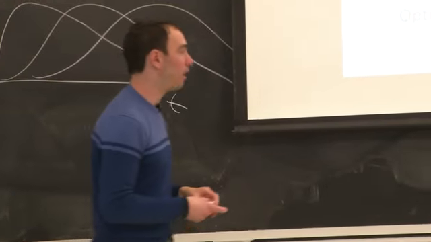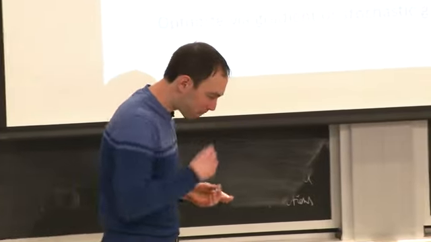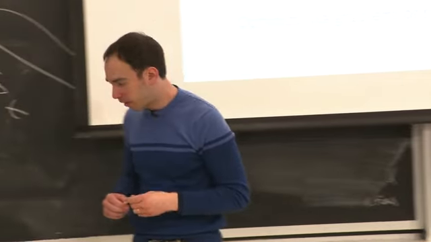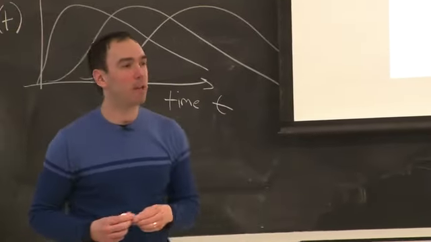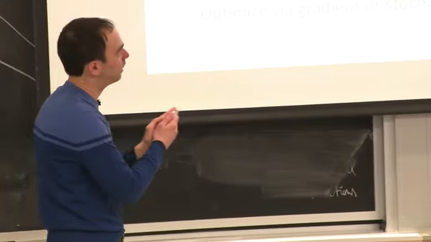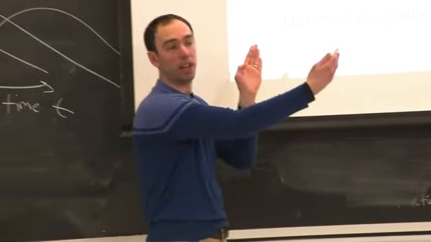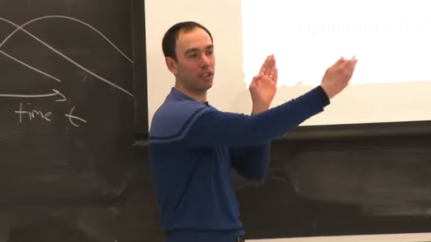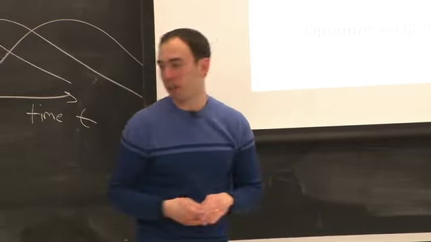So think about a setting where you have a very small time range. You're not exactly sure when this event occurs. It's something in this time range.